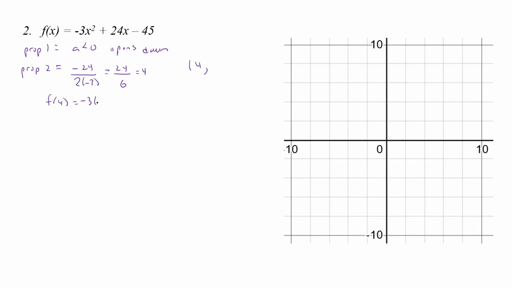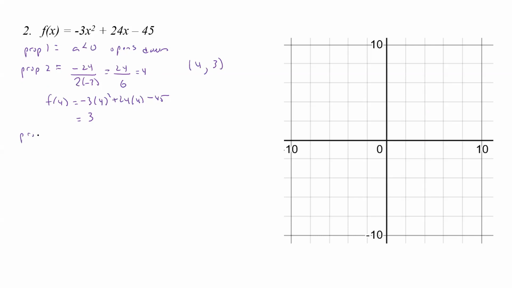So it's -3 times 4 squared plus 24 times 4 minus 45. And we plug all that into our calculator. Guess what we get? We get the simple number 3. And again, I'm not going to show you all the calculator, just typing all that in, but we get 3 for that. So we have the vertex (4, 3). That's going to be our vertex.